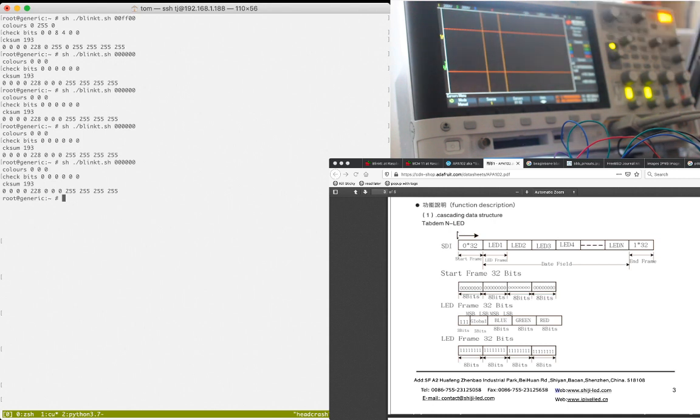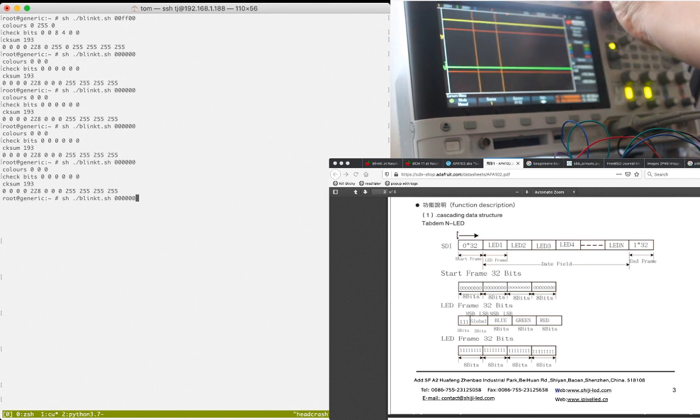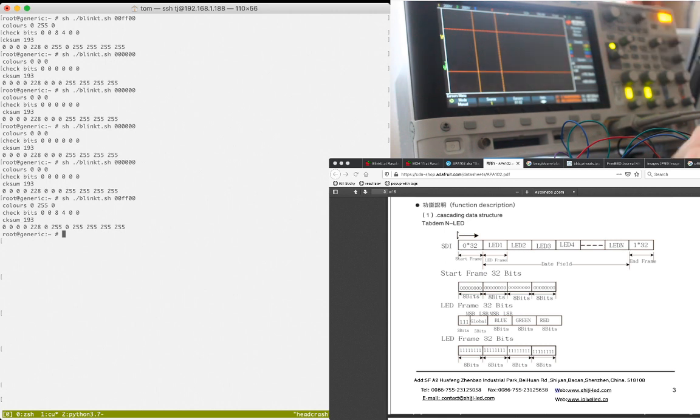It just doesn't want to do it. Okay, so we restart. Come down a little bit. Let's send green. And it didn't trigger because I didn't set up the trigger. So I have to power cycle this again.